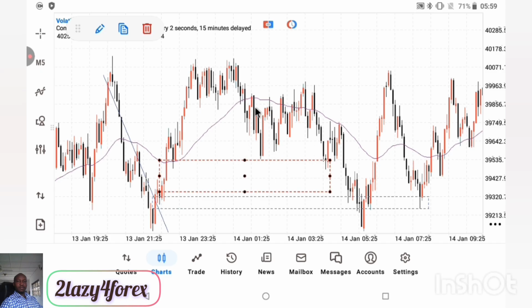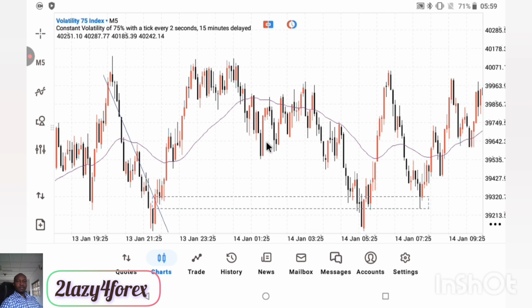So once price comes to this first box, once price comes under the moving average, I'll just dive down to the lower time frame and seek entry confirmations for a buy. From what I've seen here, price actually bought here, but the steam was not good enough.